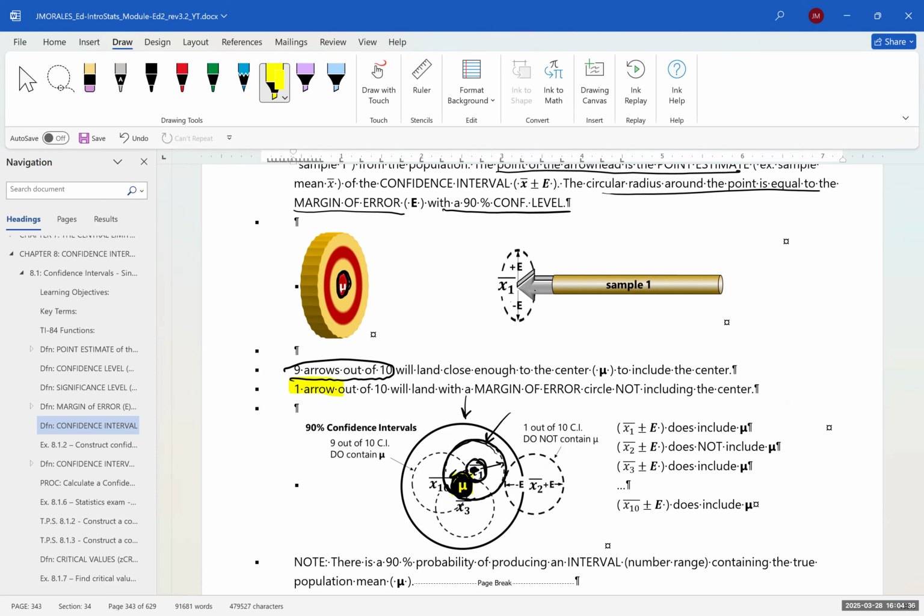That means there's a 1 out of 10 chance that the confidence interval you make does not include the population mean; it's outside of it. So if you're trying to estimate a population mean and you want to give a range of numbers that the population mean will be within, you can say it without 100% certainty, but you could say it with a 95% probability that the interval you've created contains the population mean.